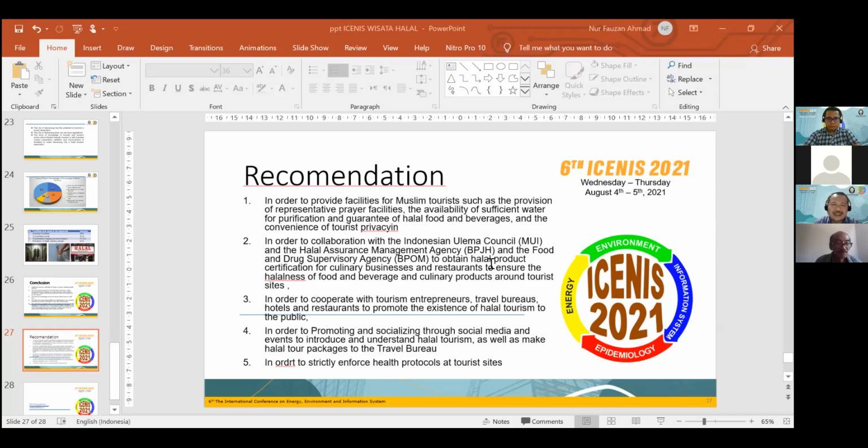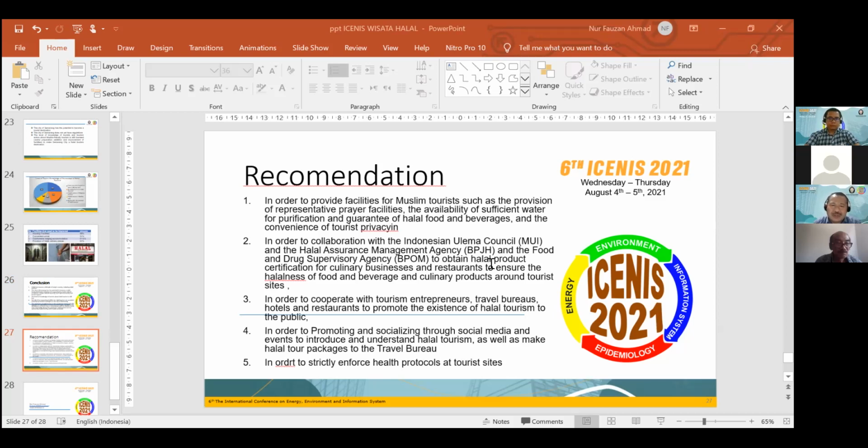First of all, to provide facilities for Muslim tourists, such as representative prayer facilities, sufficient water for purification, guarantee of halal food and beverage, and convenience for tourist privacy.